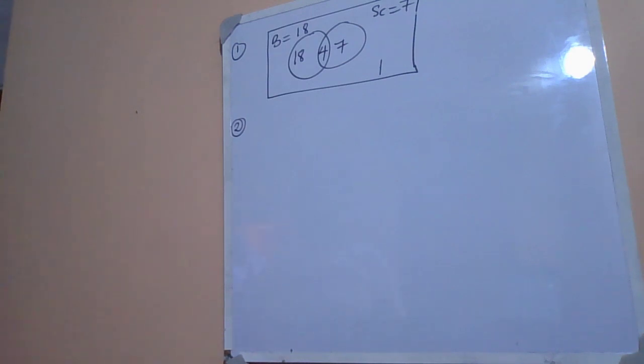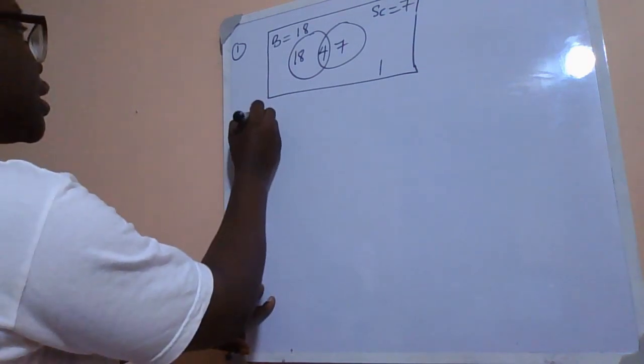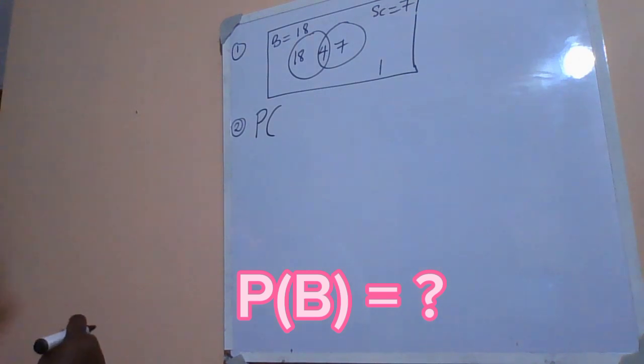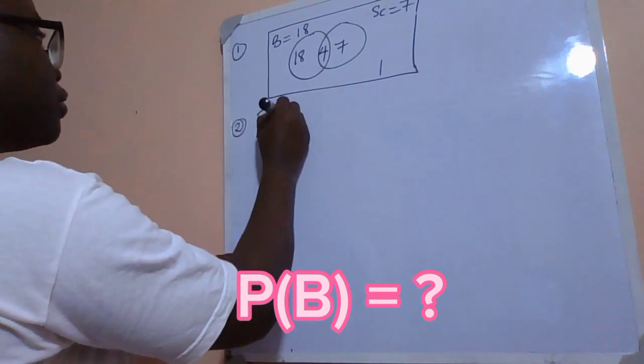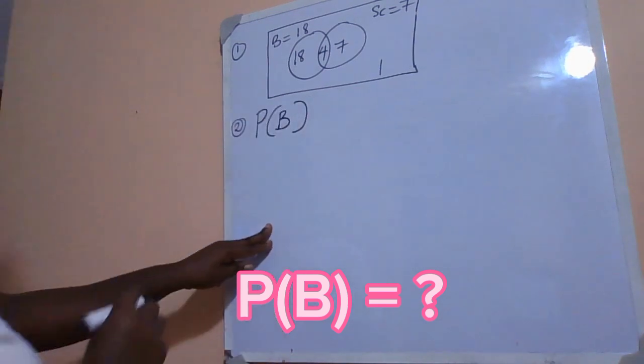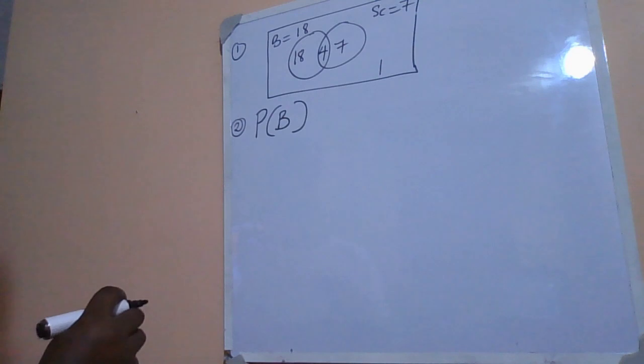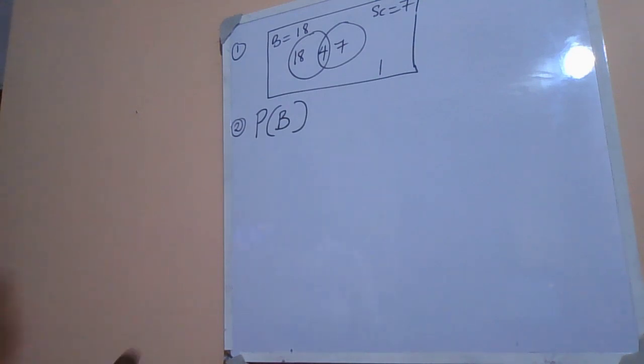So how do we do that? Of course, we're going to present it this way: probability of biology, that a learner selected at random takes biology as a subject.